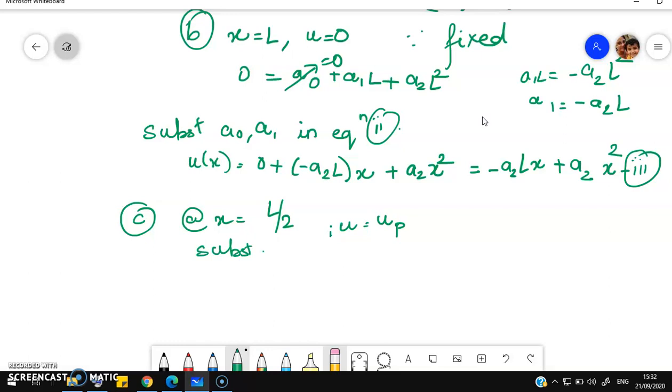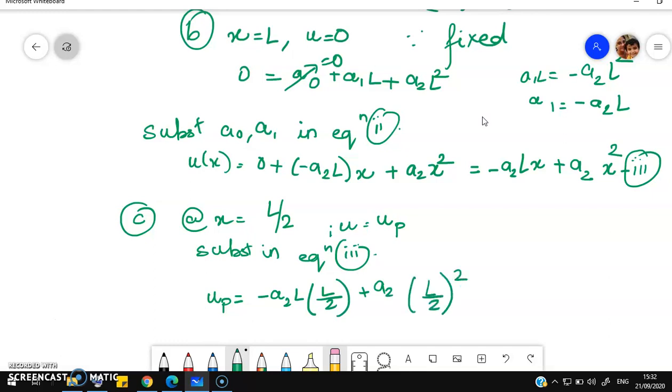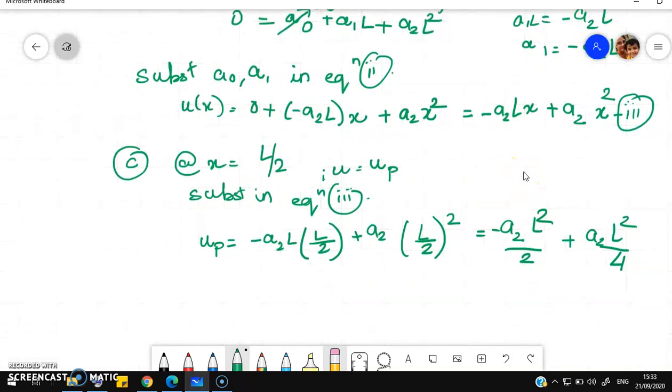Substituting this in equation 3, we get UP equals minus a2L, x is now L by 2, plus a2 L by 2 the whole square. So we get plus a2 L square upon 4. This gives us minus a2 L square upon 4.